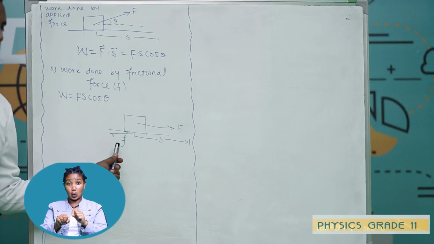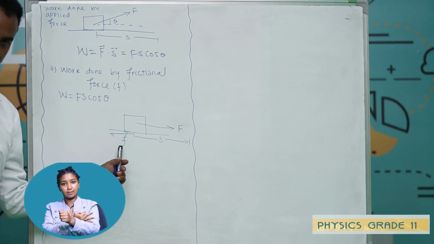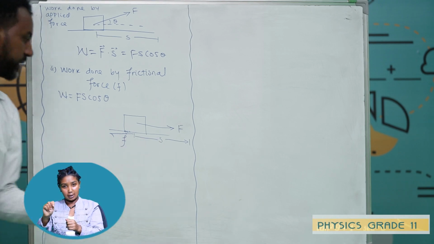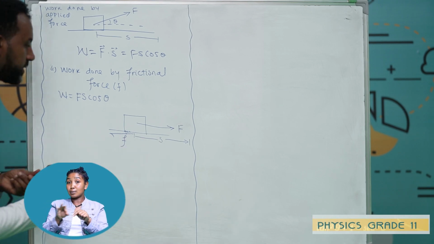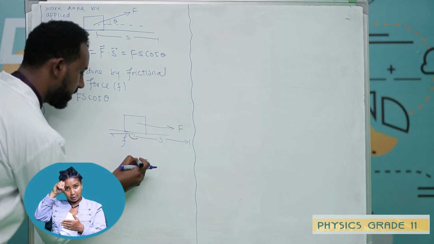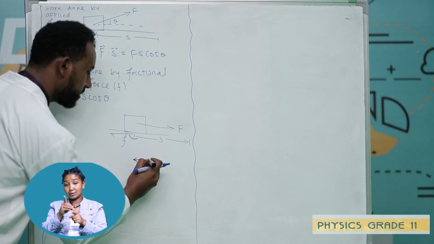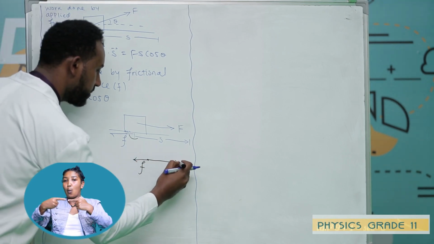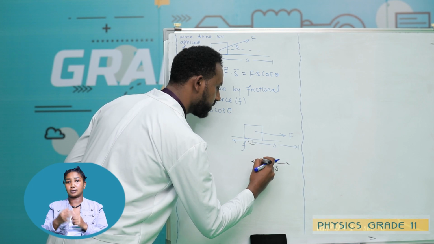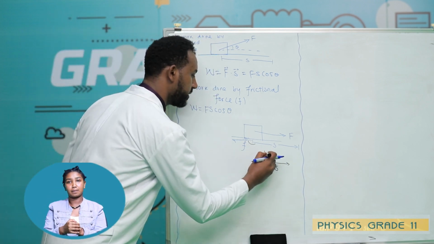So the angle between the frictional force and the displacement is 180 degrees. The frictional force acts in this direction, whereas the object is moving opposite to this direction.